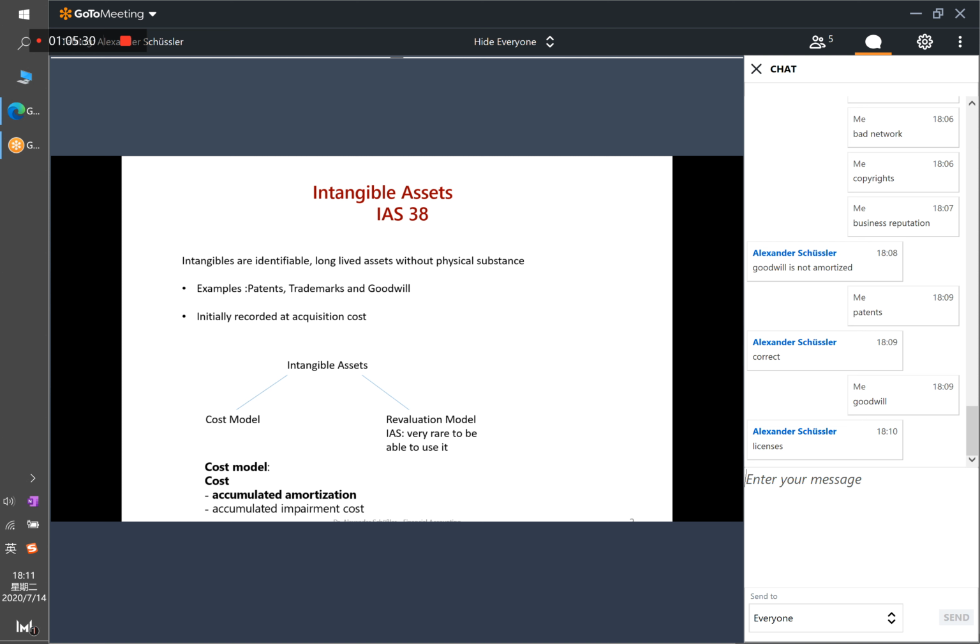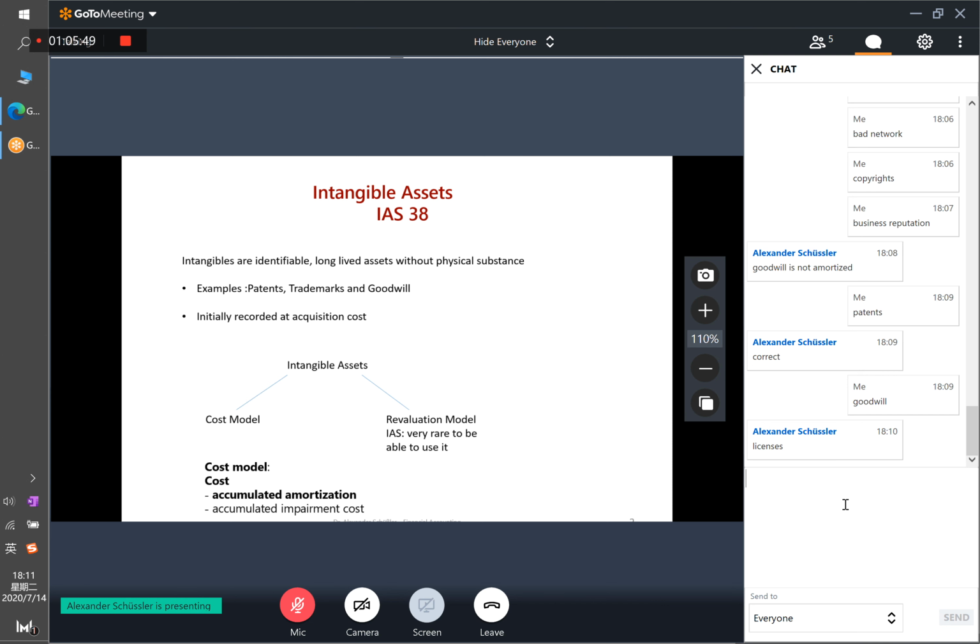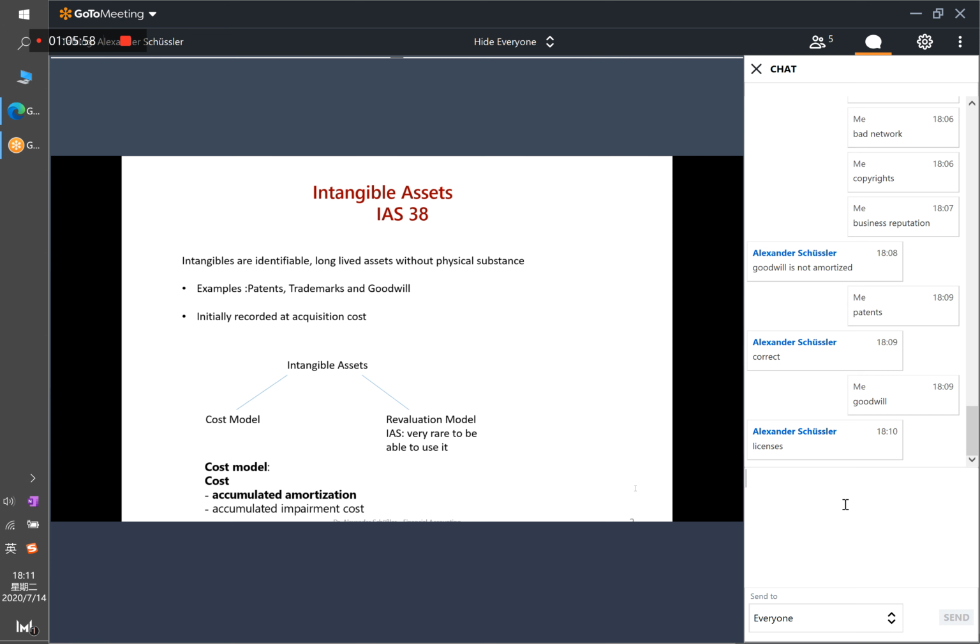For which industries or sectors do you think intangible assets are particularly important? Is it banks? Is it consumer products?